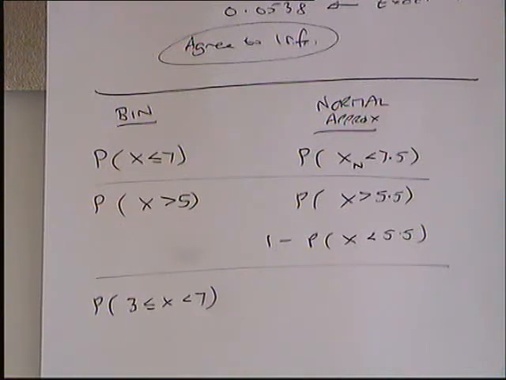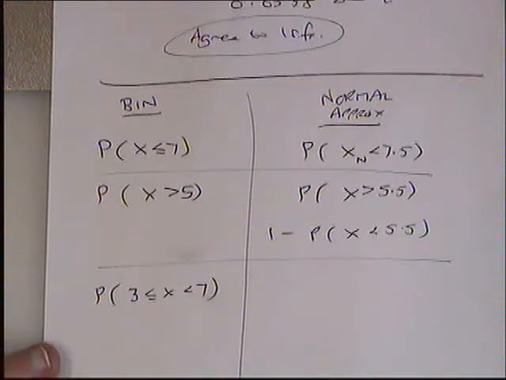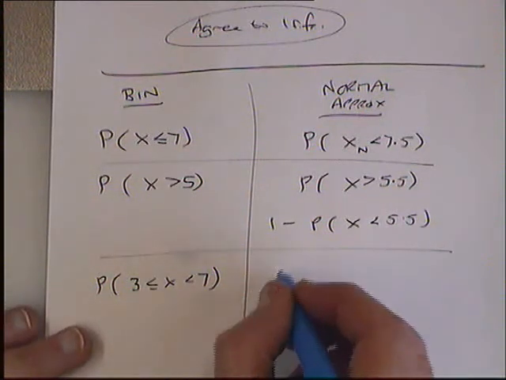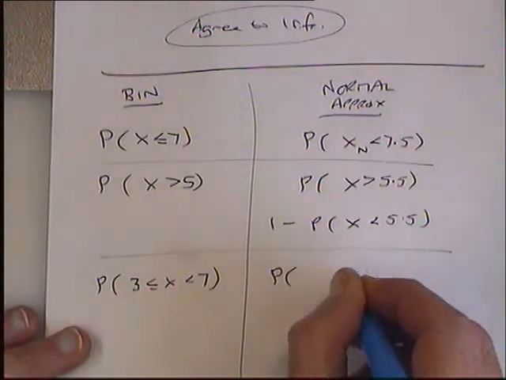There's another one. If it was a binomial question asking the probability 3 is less than or equal to x is less than 7, what would that become if we were turning it into a normal question? First of all, let's just try and write it down in that format.